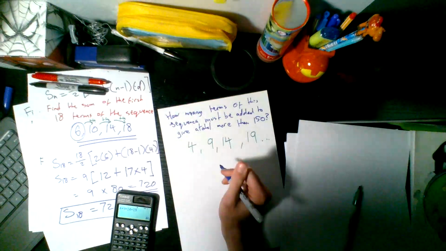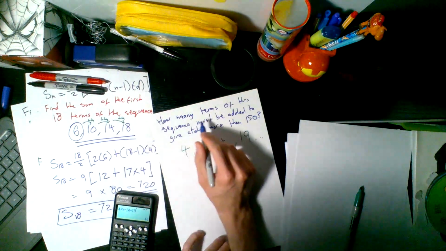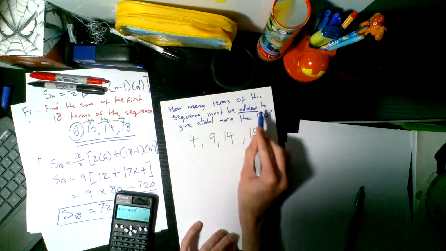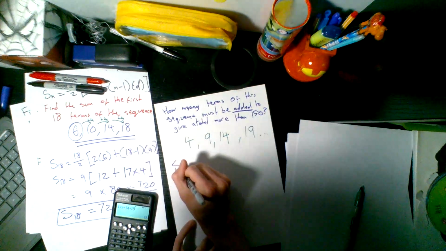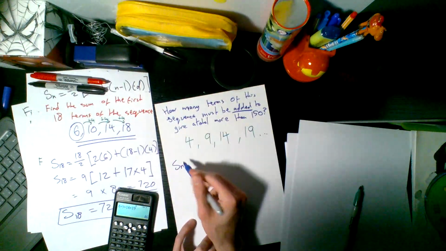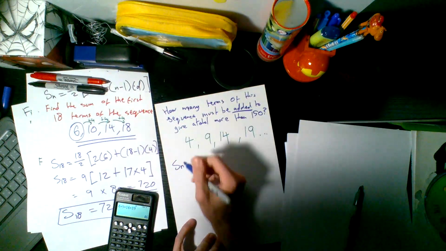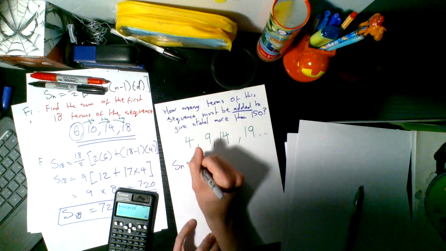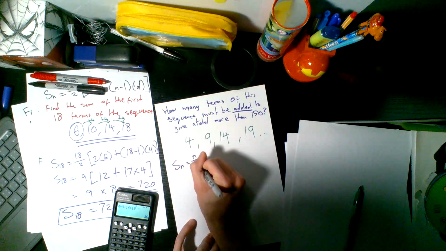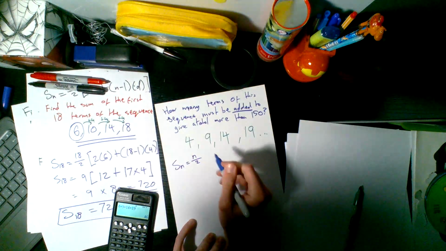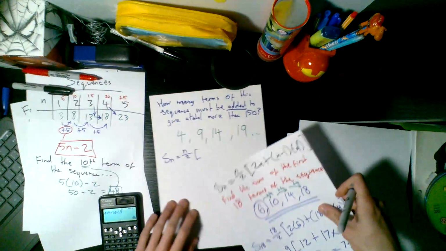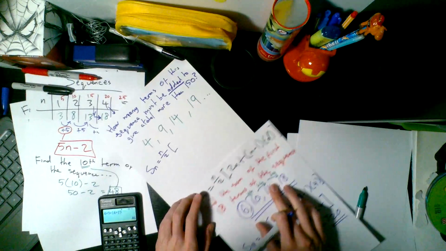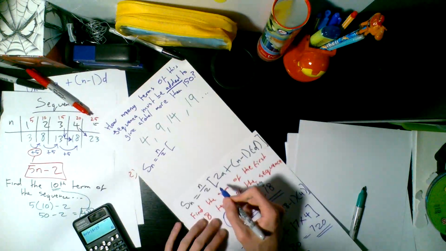They're asking how many must be added, so we know we have to use the sum formula. So S of a random number, we don't know how many numbers we're going to add. S, the sum, is going to equal n over 2, 2a plus n minus 1 d. We're going to use the formula for the sum, which is written here.